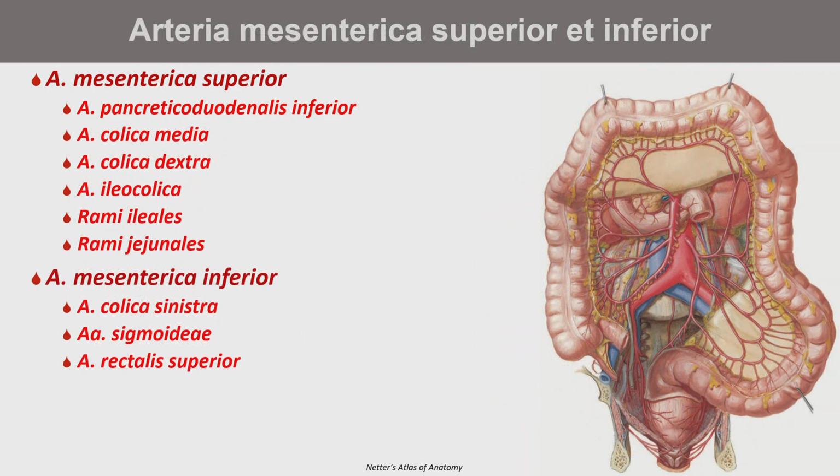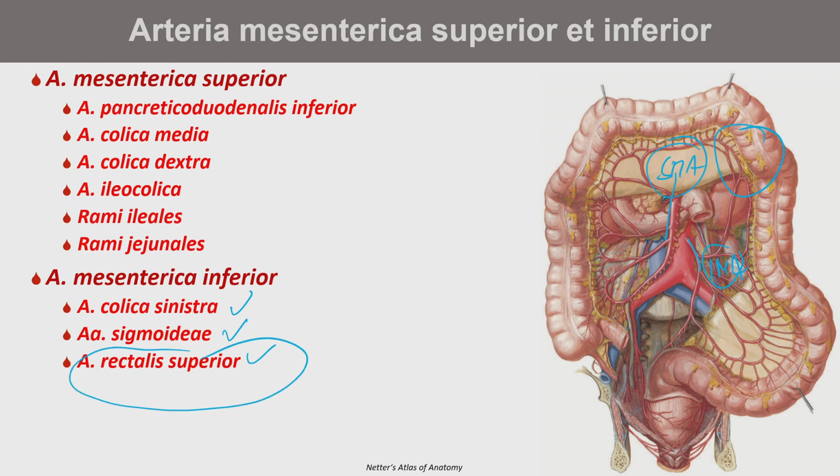Then, more important thing. This is superior mesenteric artery, and this is inferior mesenteric artery. And those territories are connected here in a lienal flexure. Inferior mesenteric artery has a left colic and sigmoid arteries, and the last one is superior rectal artery.